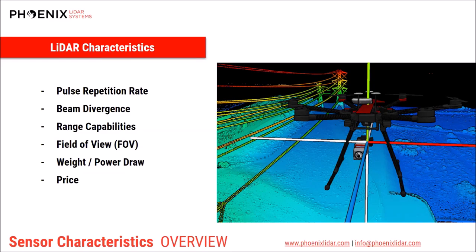And while there are many more characteristics than this, especially once you start considering other hardware, other pieces of the puzzle that need to be put together, these are the factors that are really critical to understand the differences in behavior of these LiDAR sensors, especially in context to the application that you're interested in.